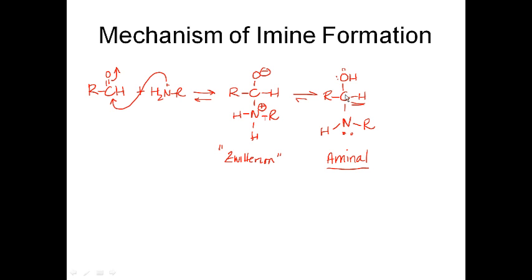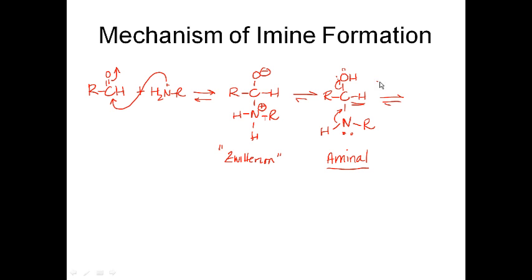I'm not sure exactly how this mechanism works, but we can think of it this way. This pair of electrons moves here to form the carbon-nitrogen double bond, and then this pair of electrons goes to the oxygen.